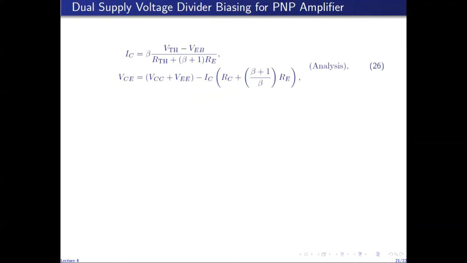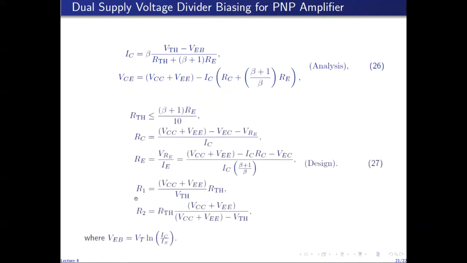And the equations for the bias point as well as the resistor values will be given by similar expressions. The only difference is that instead of VBE, you will have VEB, and instead of VCE, you will have VEC everywhere. So again, I would highly recommend that you derive these equations yourself to get a better idea of what is going on in the circuit.